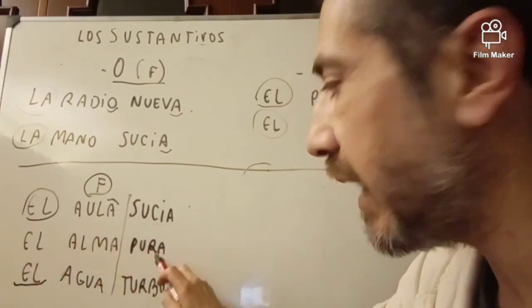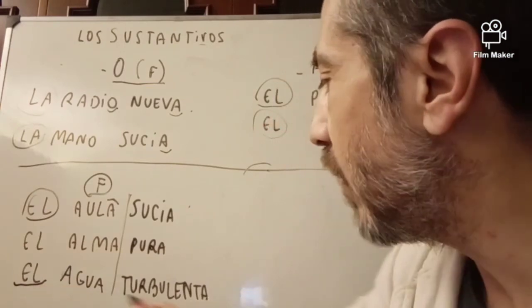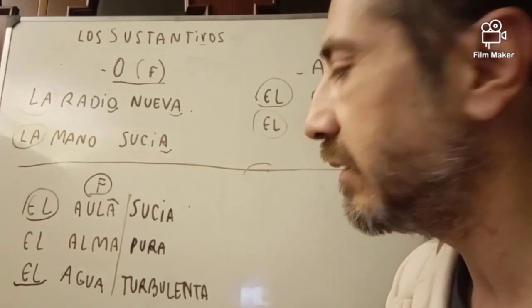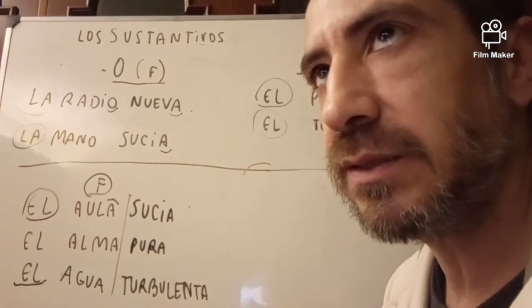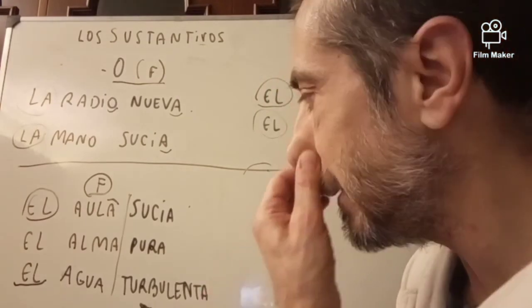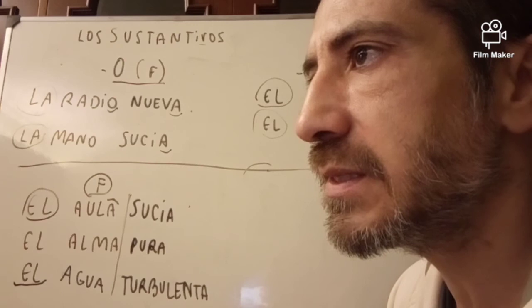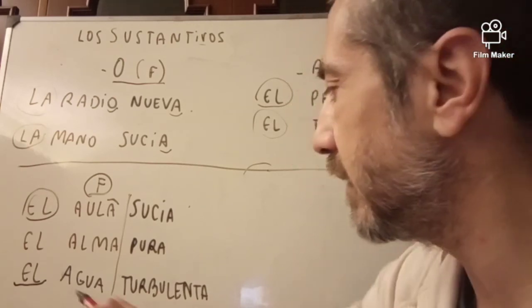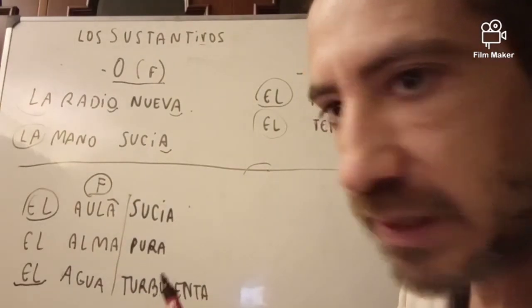El alma pura, the pure soul. El agua turbulenta, the troubled water, as in the song. In troubled waters. Yes, I think the name of the song is Troubled Waters. Aguas turbulentas, that are moving constantly.